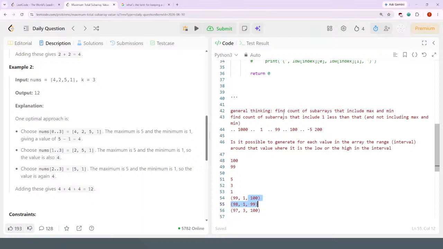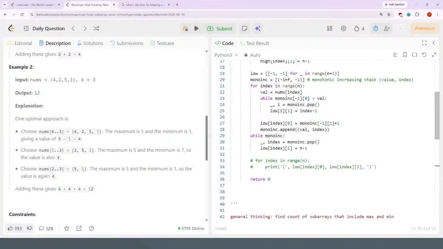Probably needs to be sorted. If it needs to be sorted, I don't think I can sort arrays, can I?